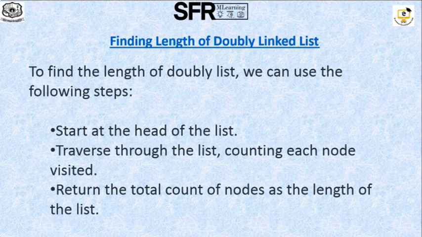After each node is visited we move forward until the end of the doubly linked list. After visiting each node we count it as 1, then move to the next node. After visiting each node, the count is incremented, and till n we can find the length of the doubly linked list.